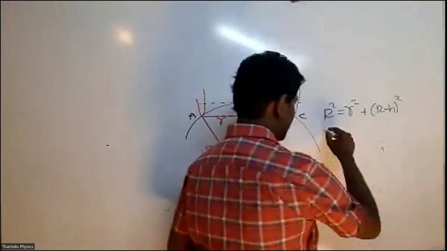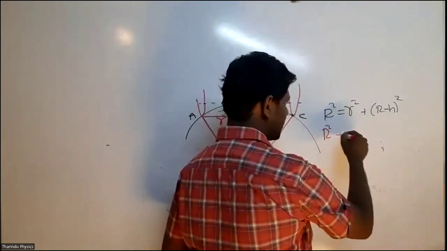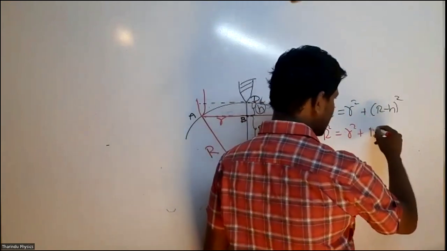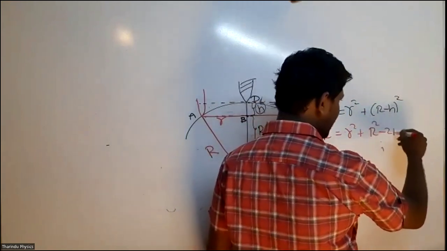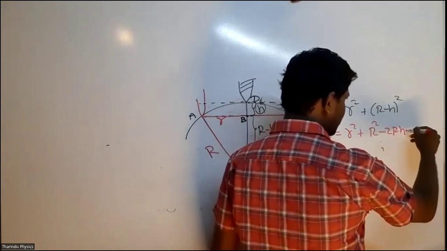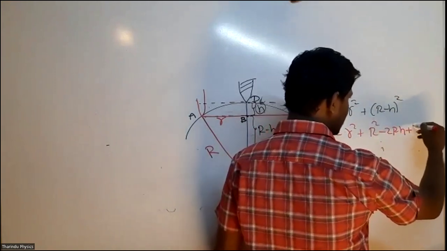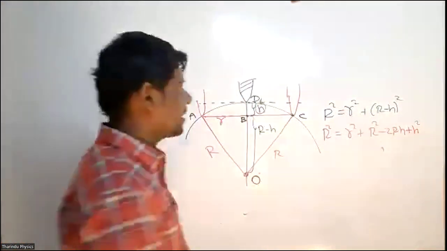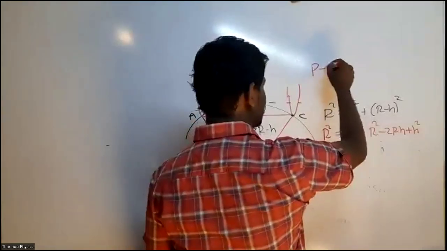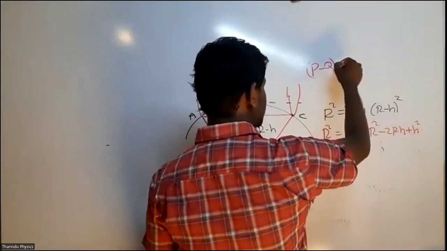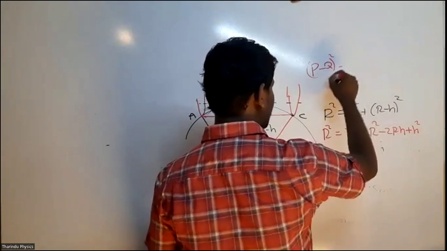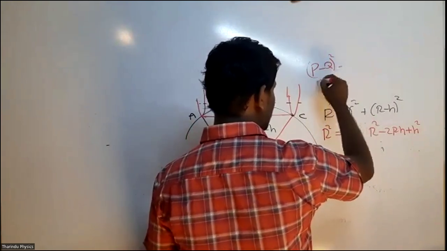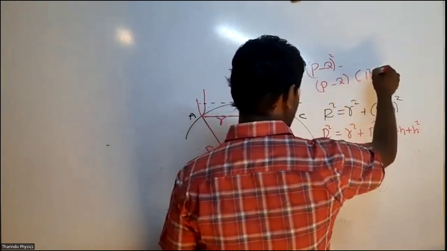No, wait. I'll expand it. R square equals R square plus R square minus 2RH plus h square. Because why? It is like (p minus q) square. How can you write it? O level maths. (p minus q) times (p minus q).